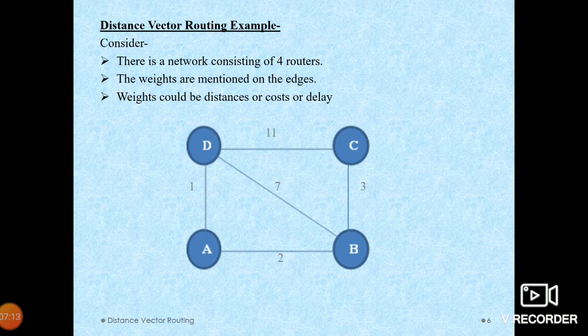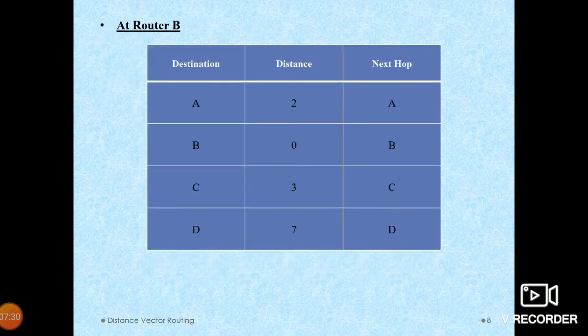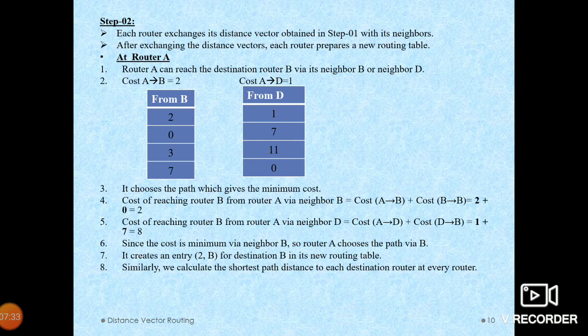So which is minimum? Here 2 plus 0, and through D we can see 1 plus 7, that is 8. So the direct link to B is the minimum, the shortest path. So the result will be 2 here. Similarly, we calculate this minimum path.